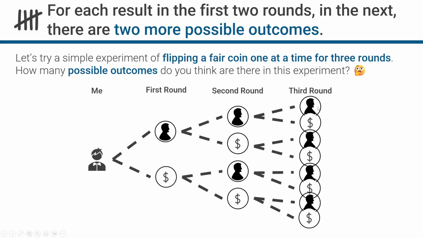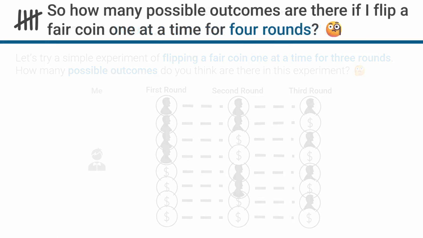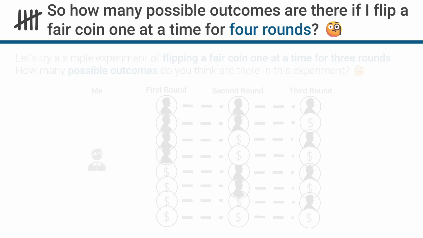In the third round, you also have 2. So that will be 2 times 2 times 2, which is 8. And then try to check: if you have 4 rounds and you do the multiplication rule, how many possible outcomes are there? We're going to be computing that later.